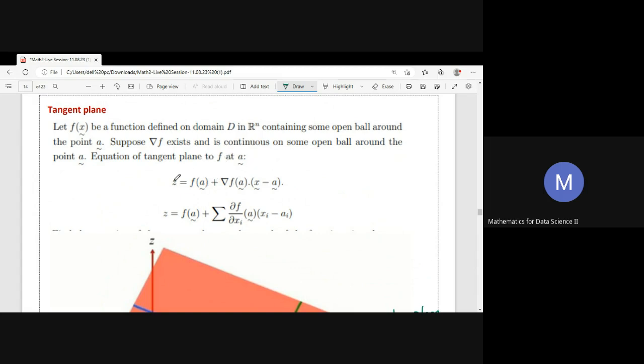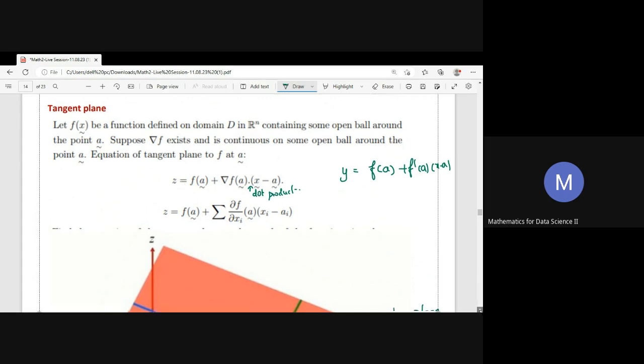Now you see that this is very analogous to the equation of the tangent in one variable. In one variable you have y is equal to f of a plus f dash of a into x minus a. It is very analogous. Here, remember, it is a dot product.